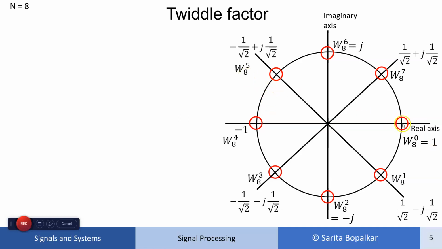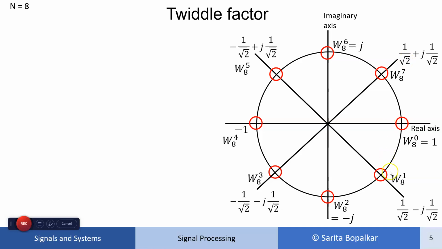Always start from the phasor diagram, angle 0, pi, values are 1, minus 1, then pi by 2, 3 pi by 2, minus j, j. These are the 4 points for N equal to 4. Then for N equal to 8, we'll add the diagonal points, and these values have real part 1 upon root 2, imaginary part also 1 upon root 2.